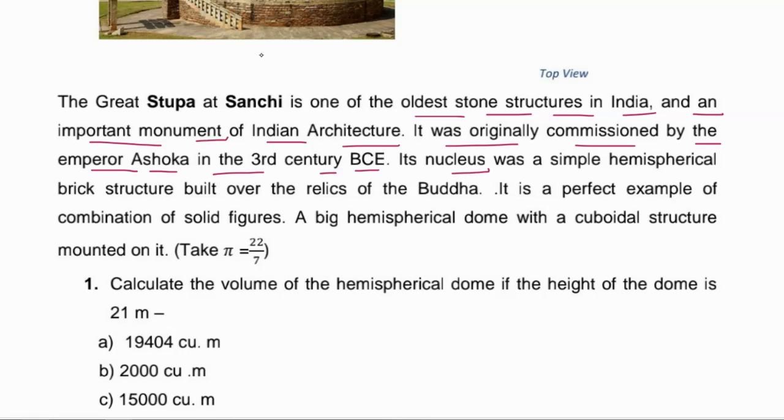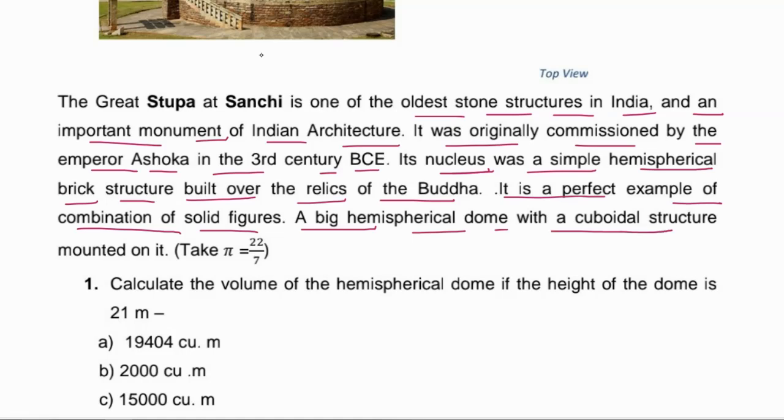Its nucleus was a simple hemispherical brick structure built over the relics of the Buddha. It is a perfect example of a combination of solid figures: a big hemisphere dome with a cubical structure monument on it.